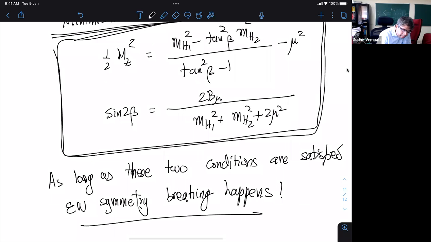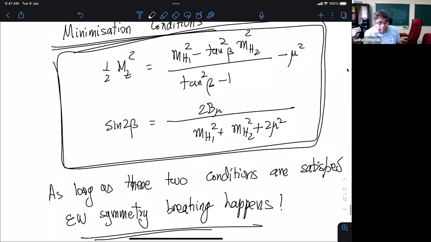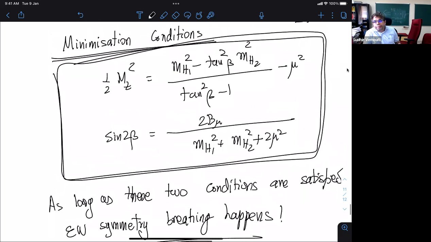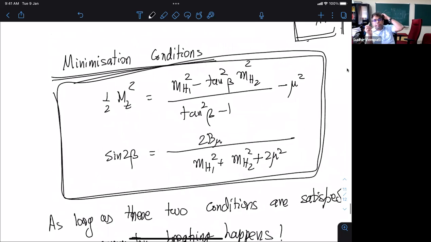So electroweak symmetry breaking happens. Now this is a very interesting equation. It relates completely distinct parameter sets to each other. For example, these terms are your soft terms.